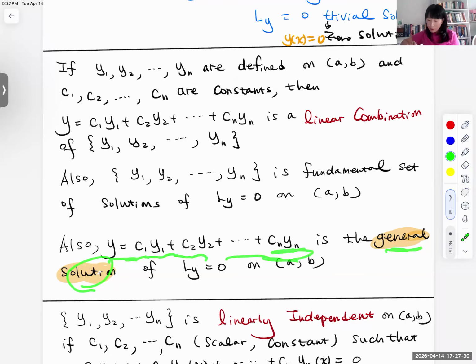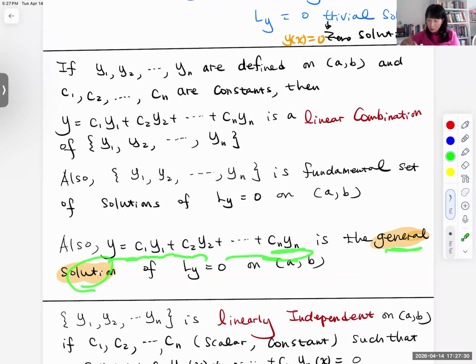Okay, linear combination. So we have another very important terminology, linearly independent, right? Those terminologies are from the linear algebra course. That's why differential equations' prerequisite is linear algebra.